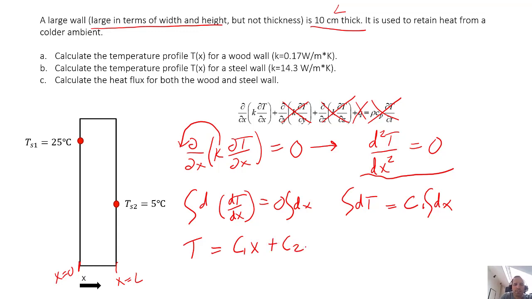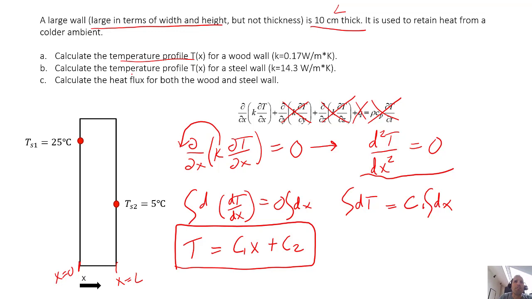So now this is our equation, and this does confirm that it is in fact just the equation of a straight line. So the first derivative is a constant, and the second derivative is 0 because the first derivative is just a constant. Okay, so that's our equation. That is what our temperature profile looks like for the wood wall, at least.